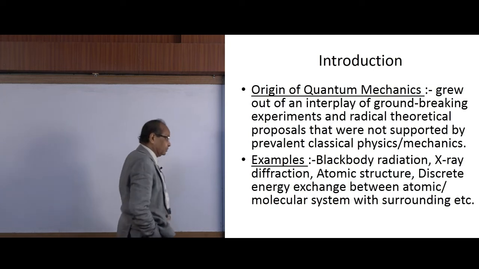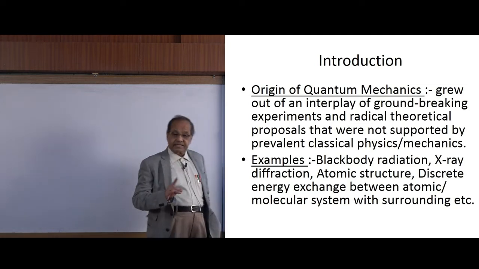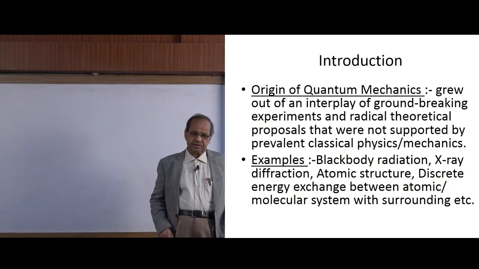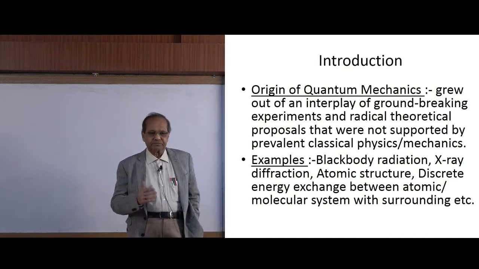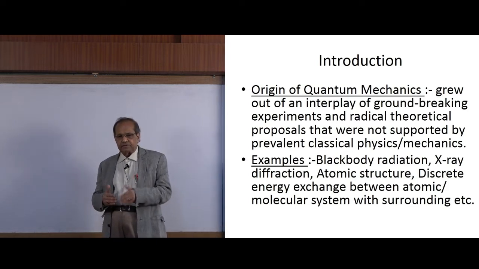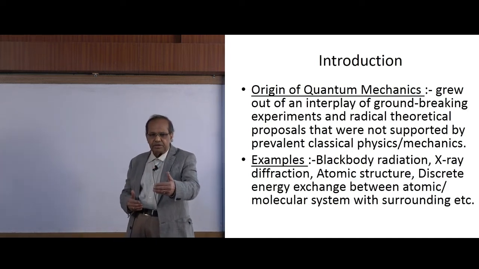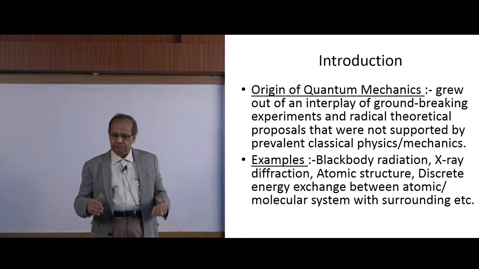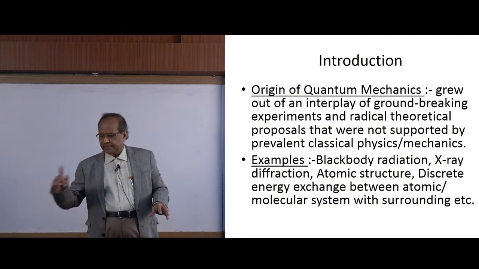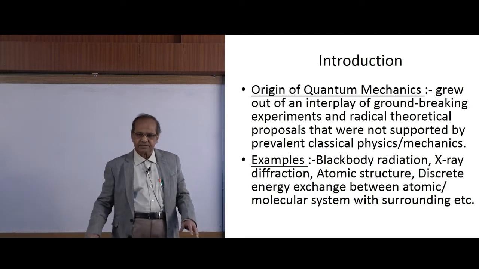What he proposed was that the energy exchange is in discrete fashion, I mean in quantum fashion. Quantum means discrete. So 1, 2, 3, there is no number between 1 and 2. 1, then again the discrete 2, another discrete 3, it jumps like that.